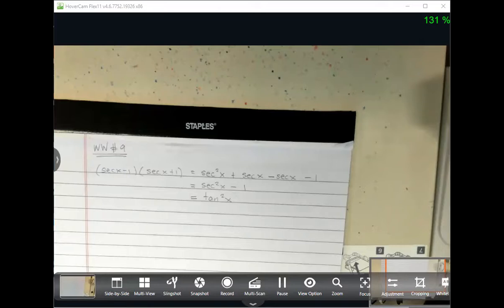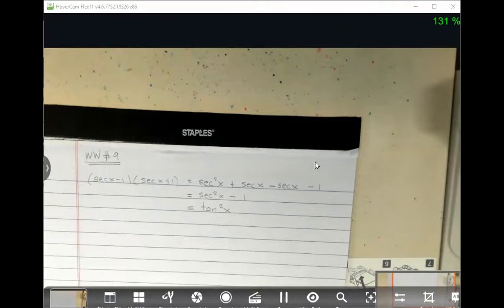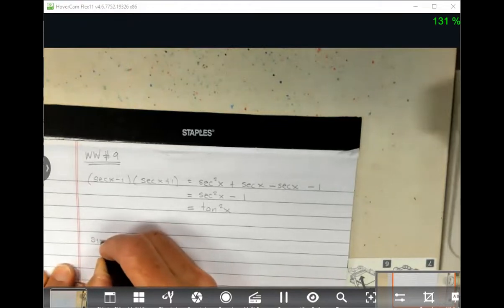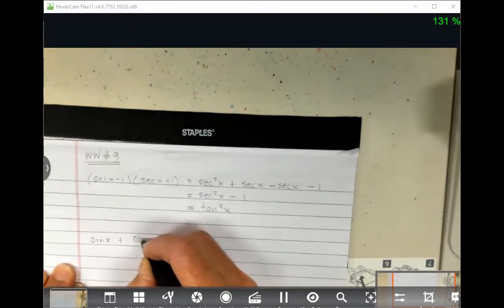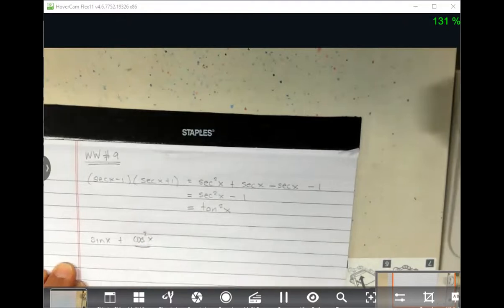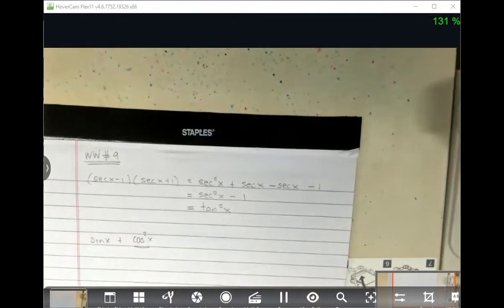Okay, so let me try this. Sine of x plus the cosine squared of x divided by sine of x.